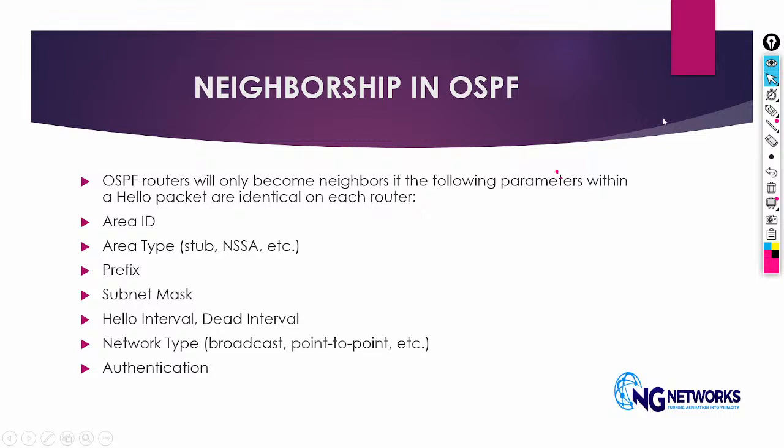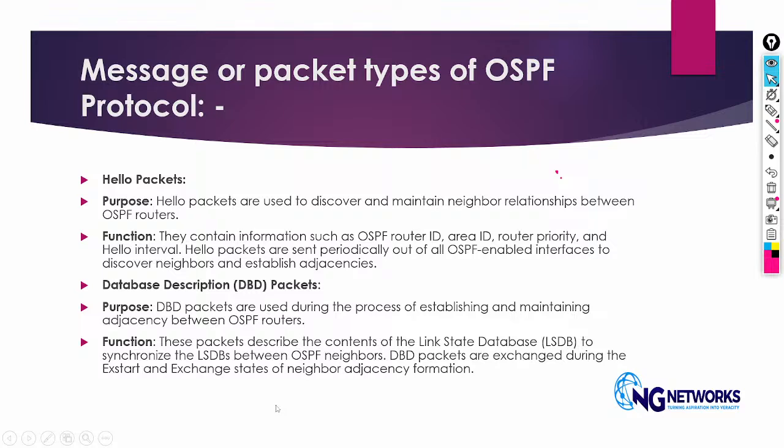Area ID, like you have seen in the figure, area 0, area 1, area 2. Then the prefix is nothing but the slash value, the subnet mask, then the hello interval and dead interval, which I have already said. There are different types of networks as well in OSPF, like broadcast network, point to point network, point to multipoint network, and non-broadcast network. That is included in the hello packet. And authentication, which authentication mechanism is used by OSPF.